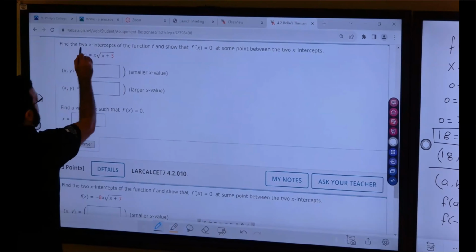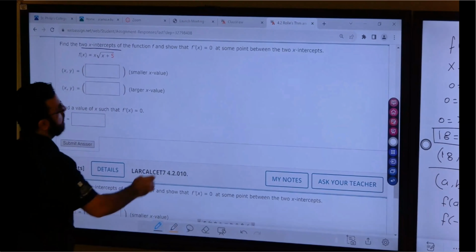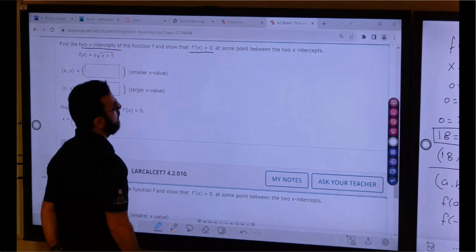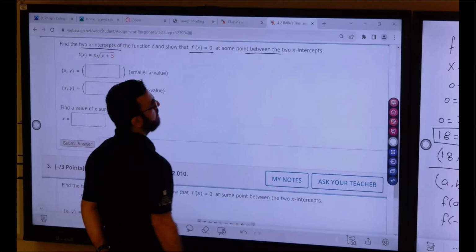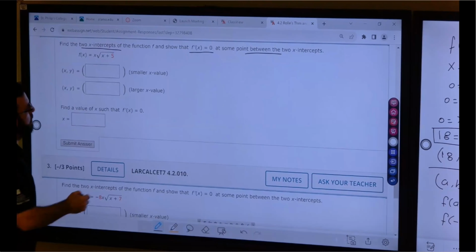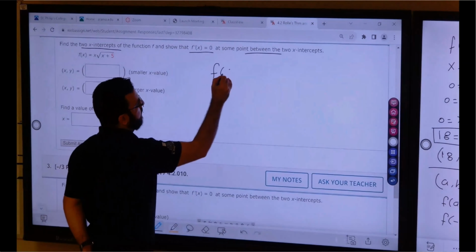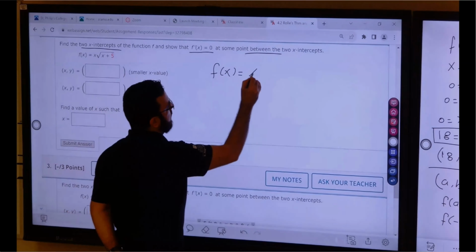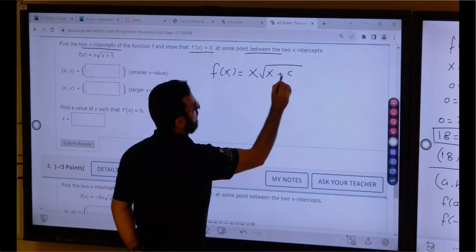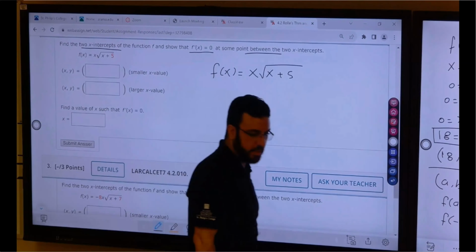Find two x-intercepts of the function to show that f prime of x equals 0 at some point between the x-intercepts. So now our function is f of x equals x square root of x plus 5. How are we gonna find the x-intercept?